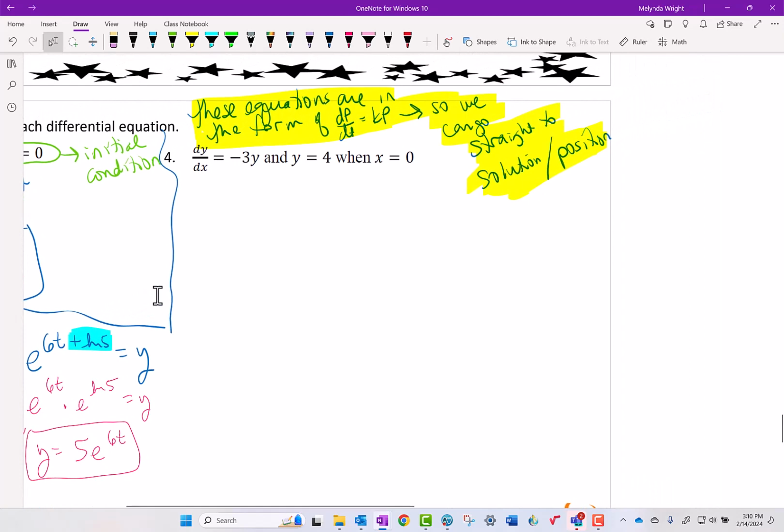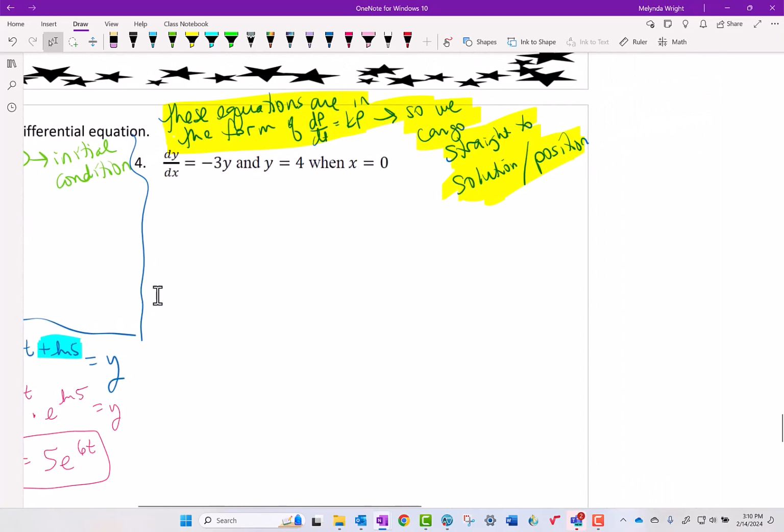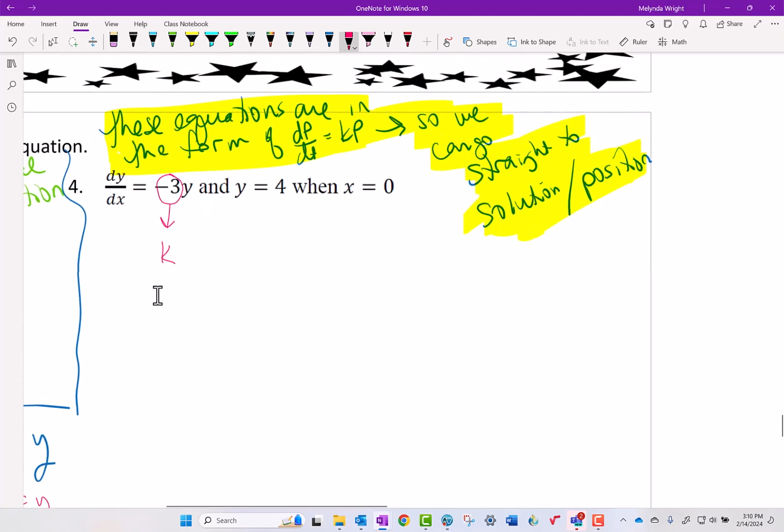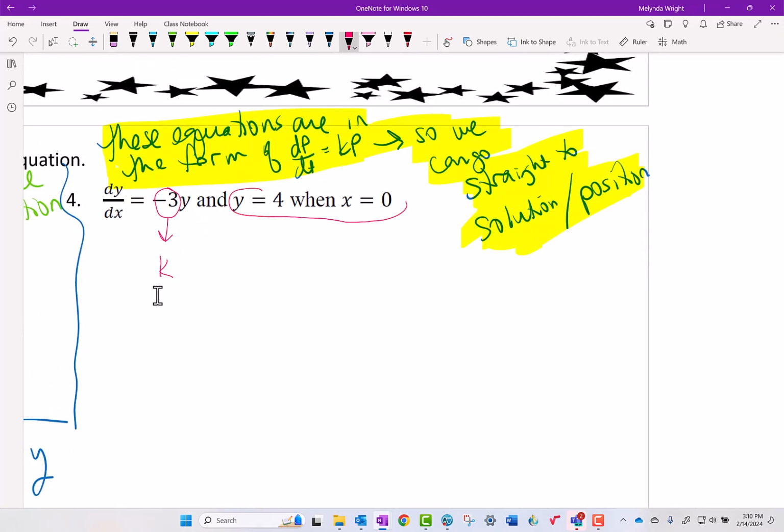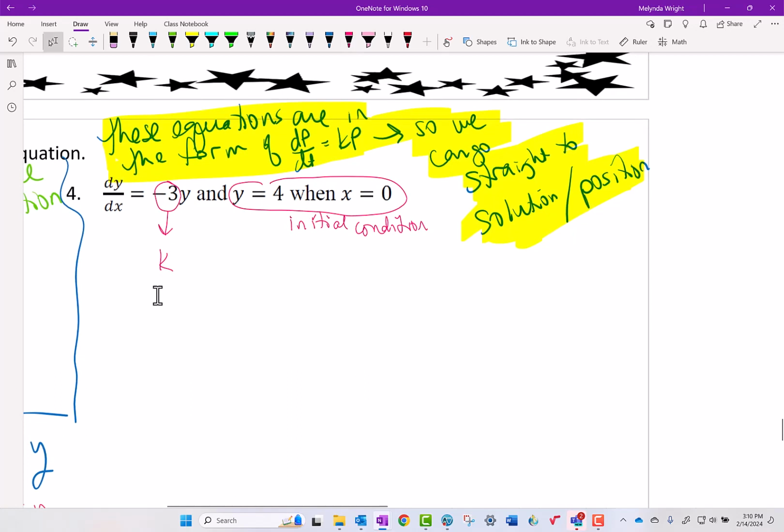Let's identify what we've got going on over here. What does this represent? K, that's K. And then this part right here is our initial condition. So I'm going to write down our position. P equals P naught e to the KT.